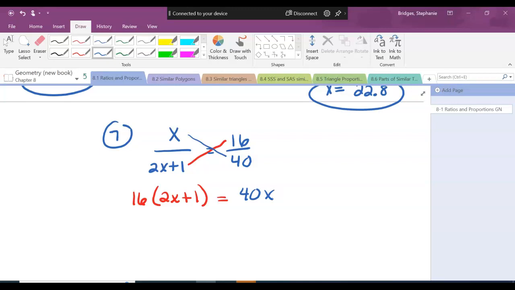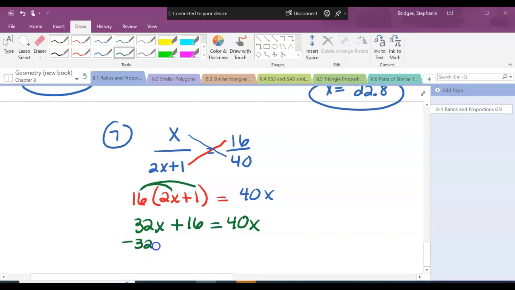So to solve this equation, I first need you to distribute that 16. I'm going to take that 16 and distribute it to both the 2x and to the 1. What is 16 times 2? So that's going to be 32x plus 16 equals 40x. Then how could I solve that from there? Yep.